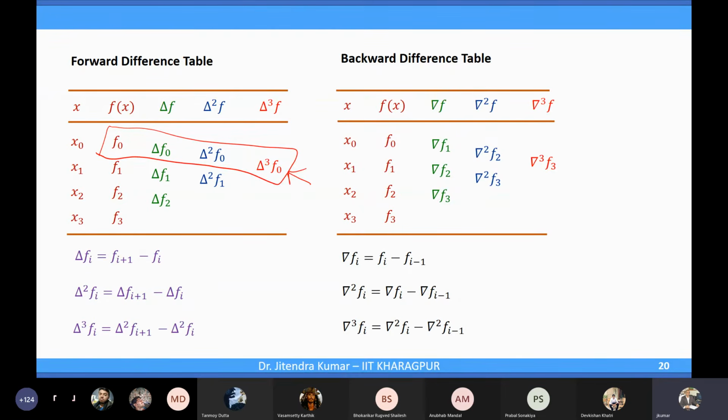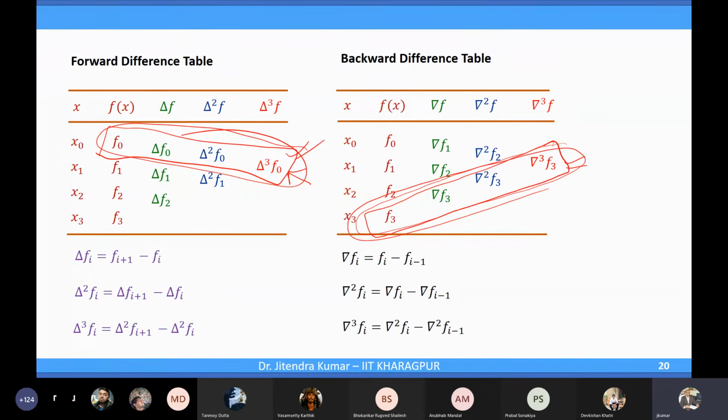When you use the backward one, these values will be used. So the table is the same, right? You have prepared the table. I'm just telling you, if you use Newton's forward difference formula, only these values are required. If we use the backward difference formula, these values will be required. The bottom one, the top one. Fine.